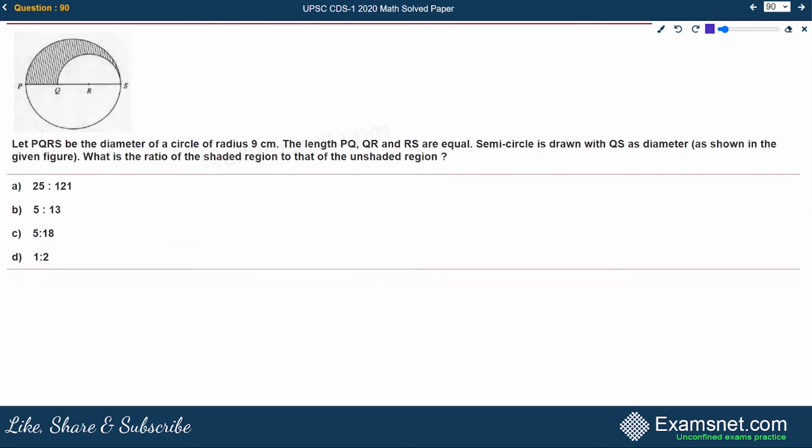Here we are told that PQRS is the diameter and the radius of the circle is 9 centimeter.